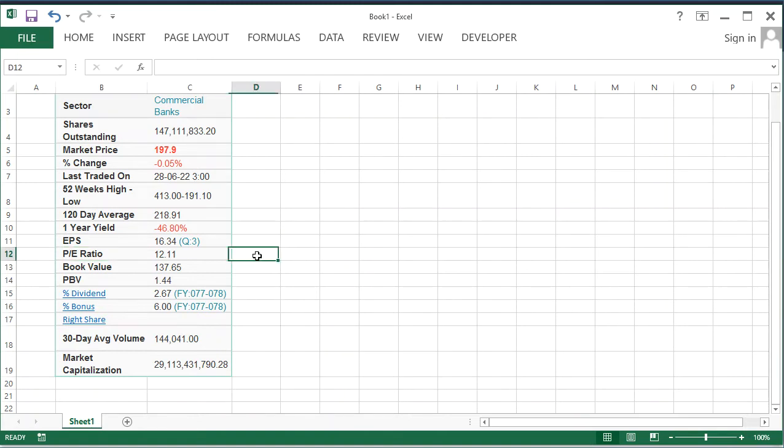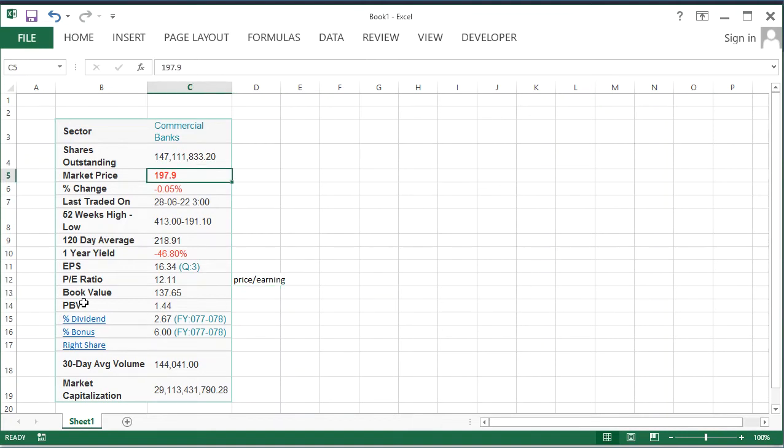PE ratio means price divided by earnings. Earnings could be like net income. What I did over here is price divided by earnings per share. It's per share. Price is also a per share price over here. Market price of 197. So yeah, let's see the calculation at first.